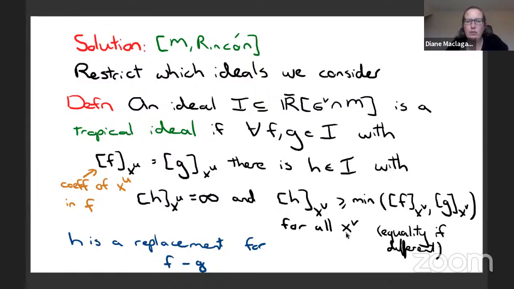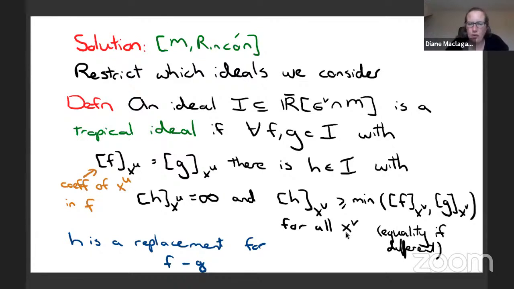So we're going to restrict which ideals we consider, and it turns out there's a fairly simple condition. This is motivated by the theory of matroids, which lets us somehow artificially put back in enough subtraction into tropical geometry to get a more reasonable theory.